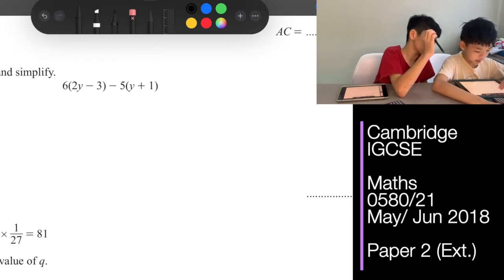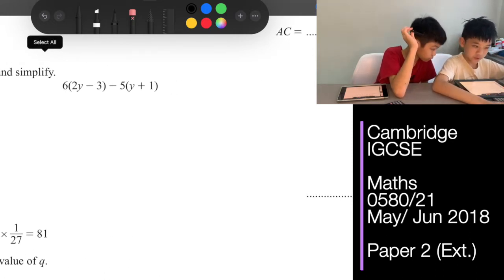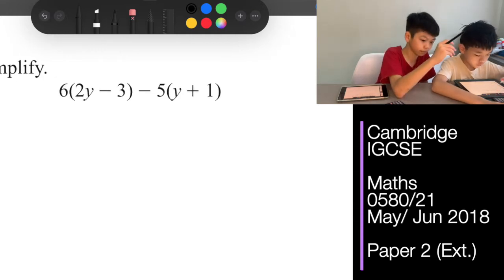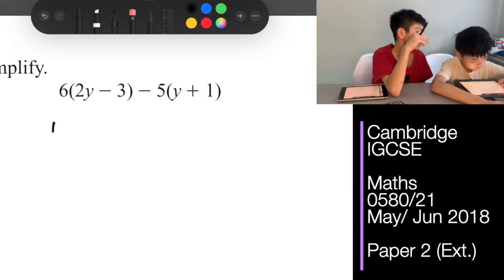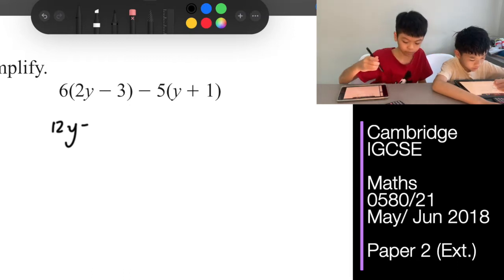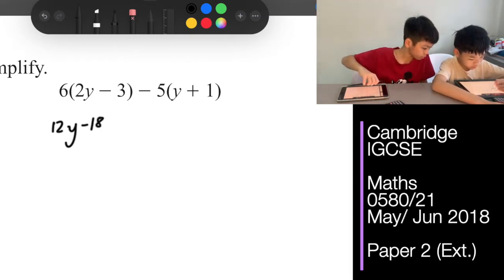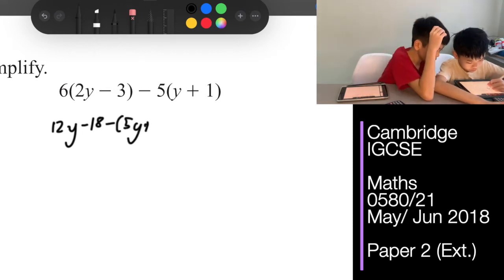Okay, for question 8, we need to expand and simplify 6 times (2y minus 3) minus 5 times (y plus 1). So first we expand the left side, 12y minus 6 times 3, which is 18. And then minus 5y plus 5.